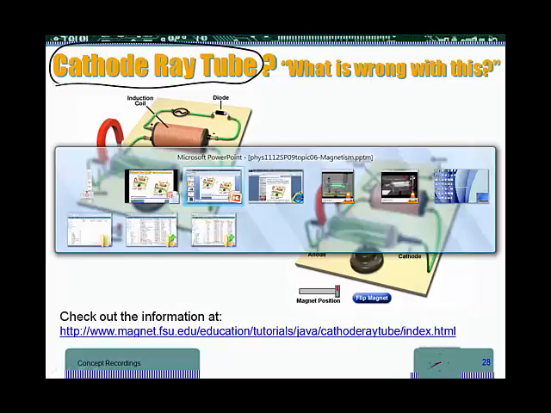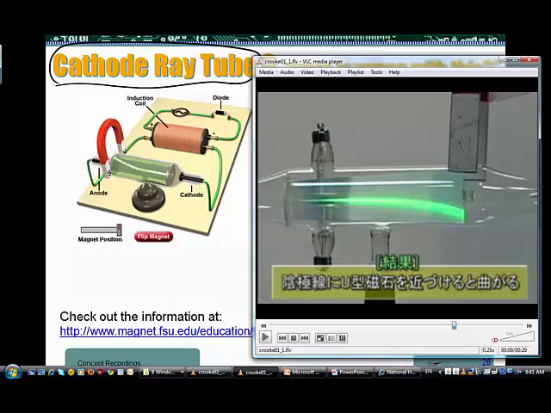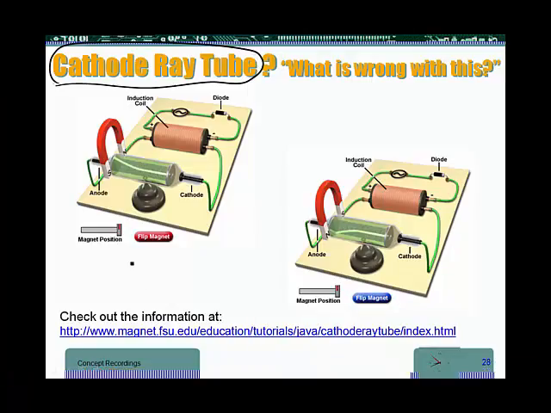Okay, let me go to the videos. This is one. What we have here is what we call a Crookes tube.